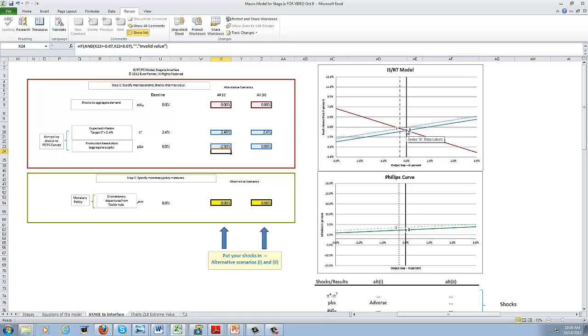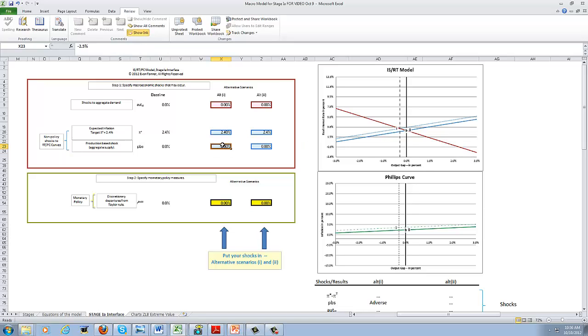Otherwise, as we learn a little bit later in the book, the inflation rate can actually get out of control. So instead, we're doing what we like to think of as a preemptive tightening here, and that means that at a higher real interest rate than under the baseline, we're also going to have a lower output gap. The output gap in this case will be negative. We will call this a downturn or a recession that resulted from the adverse oil price shock.